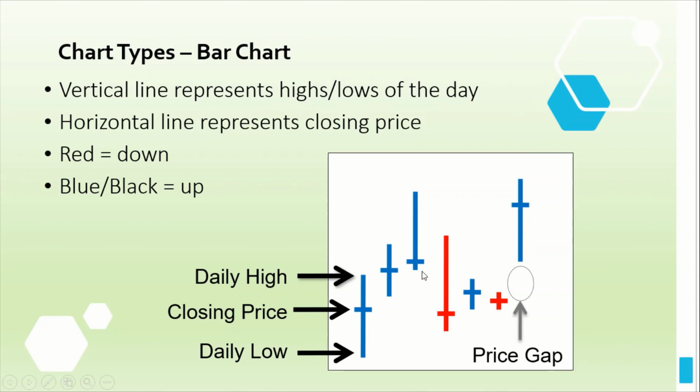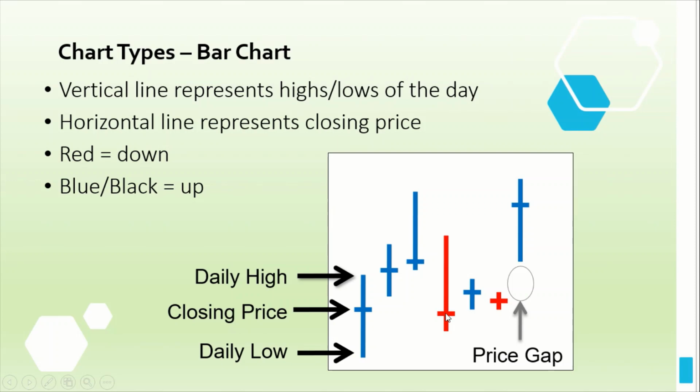And as you can see, kapag yung previous closing price is lower than the closing price of the day, it is a red bar chart. Always remember, we are basing the color of our charts on the closing price. So if the closing price of the day is lower than the closing price of the previous day, you know that it is a red bar chart.